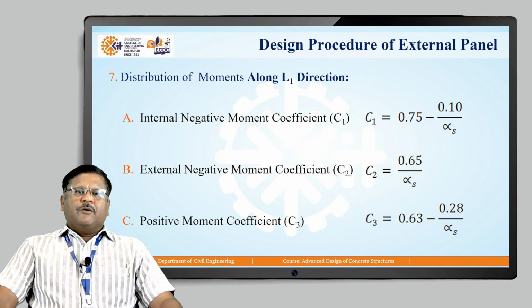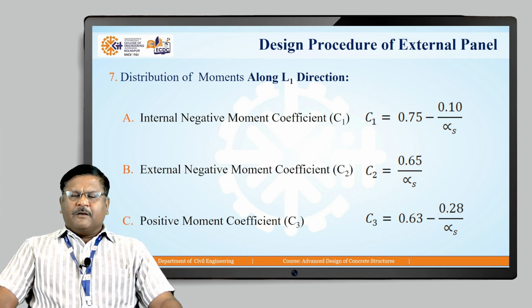Next, you want to calculate the moment coefficients C1, C2, C3. What is C1? C1 is internal negative moment coefficient, which is calculated by equation 0.75 minus 0.1 upon alpha S. Second, C2 is external negative moment coefficient.